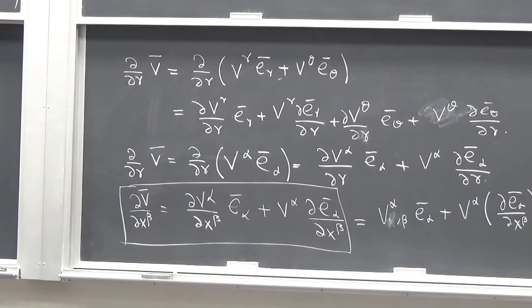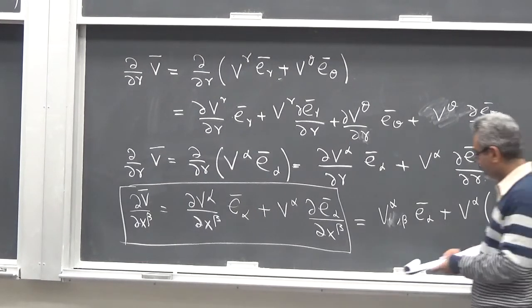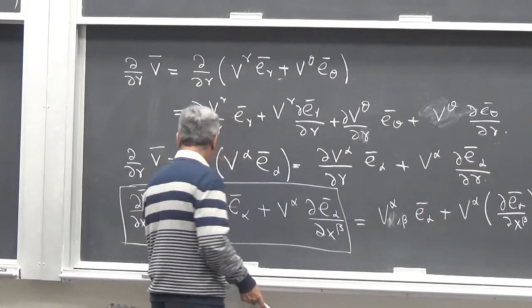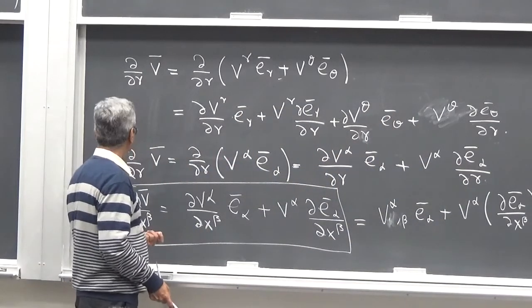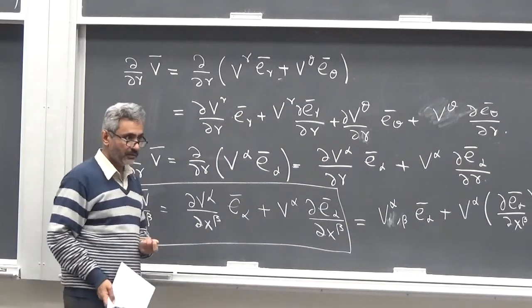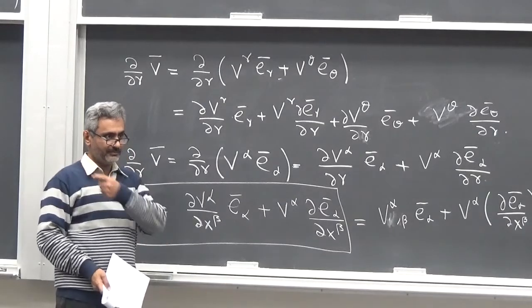In this general form, x could take values of r and theta if you're considering polar coordinates. Similarly, alpha and beta could also be r and theta.